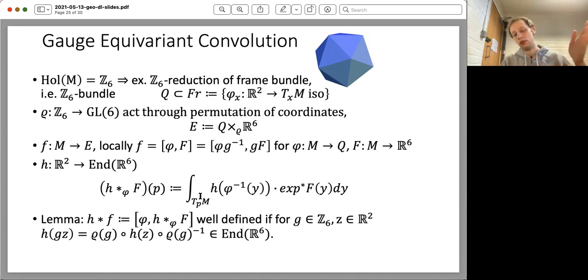If you trace through all these definitions, the proof is trivial once you work through these heaps of notation. You find this is well defined if and only if this equation holds. I won't read it out, but h of gz equals blah, blah, blah, where gz acts through the action of the holonomy group, and on the right-hand side acts through this action of rho.